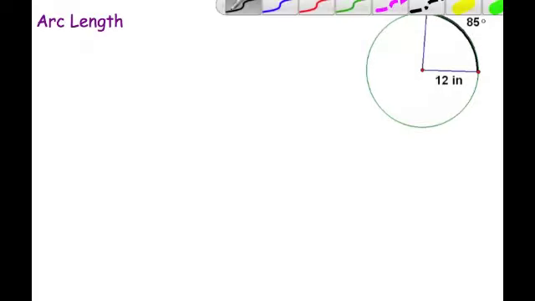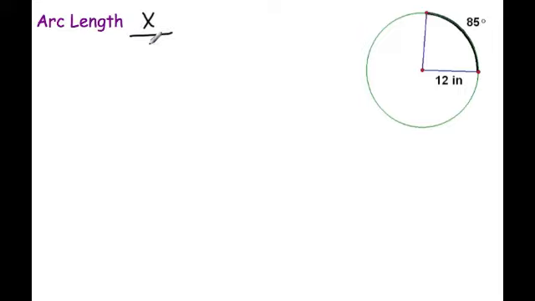For arc length, we're going to use the circumference formula, but we only want part of the circle again. So we use x over 360 to get that part of the circle, times 2 times pi times the radius. So to figure this one out, the central angle is going to be 85 degrees.